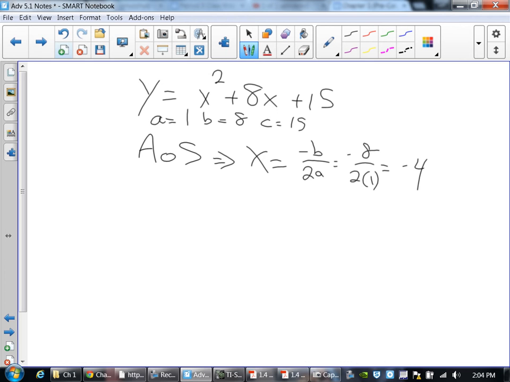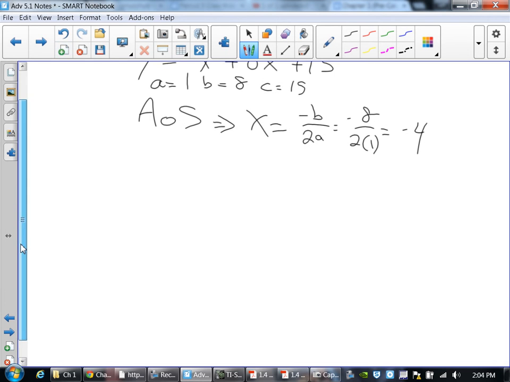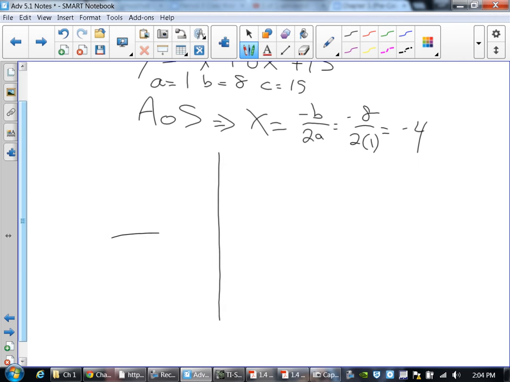Now watch what happens when you have this axis of symmetry. x equals a number is always a vertical line through that number. So this axis of symmetry really is an imaginary line. That's why we just dot it. Here's why we find that.